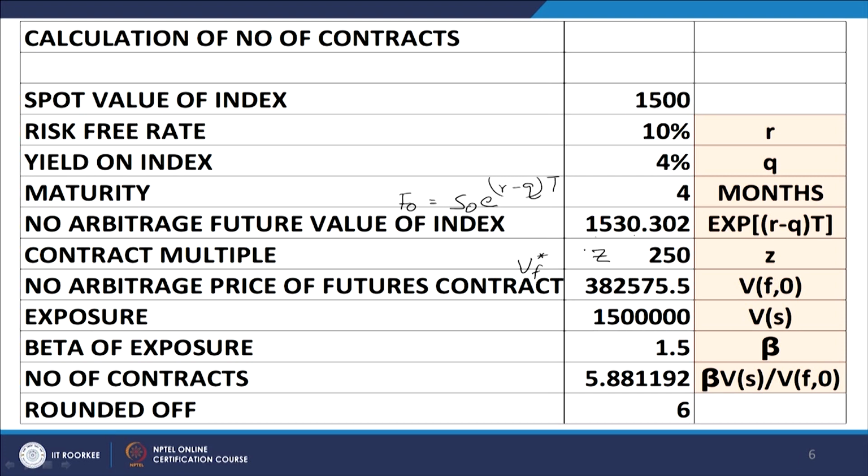Our exposure is 1.5 million, beta is 1.5.